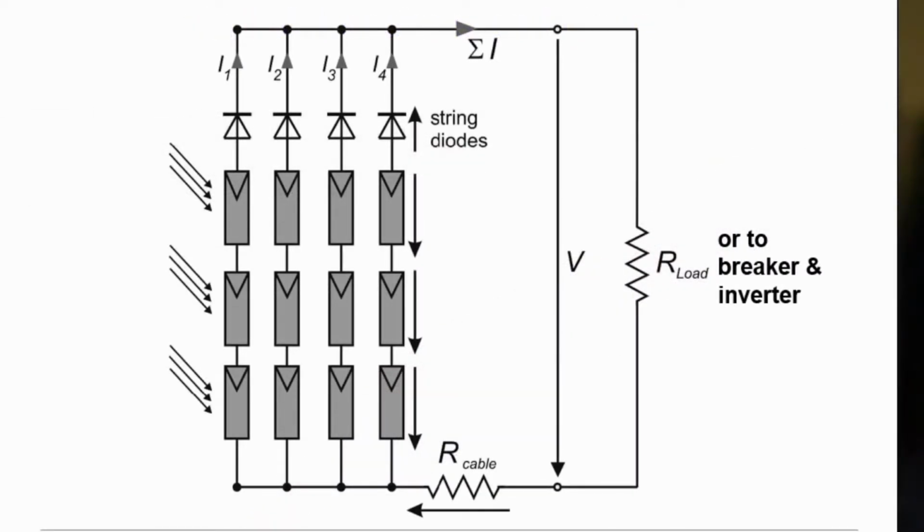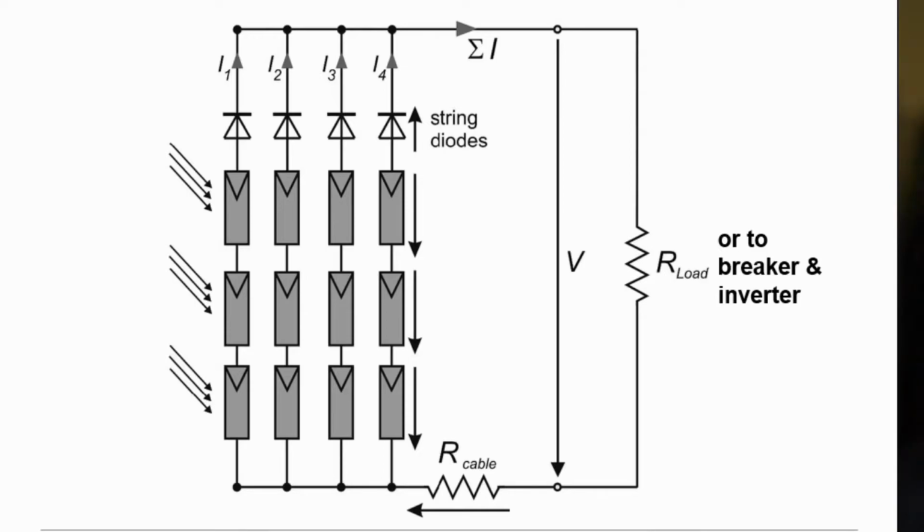You see such a power plant consisting of 4 strings with several modules. In order to avoid that the current goes from one string into another string which has a lower current or lower voltage, you use string diodes, which act as a valve, so they only let current go out of the module string and not into the module string.